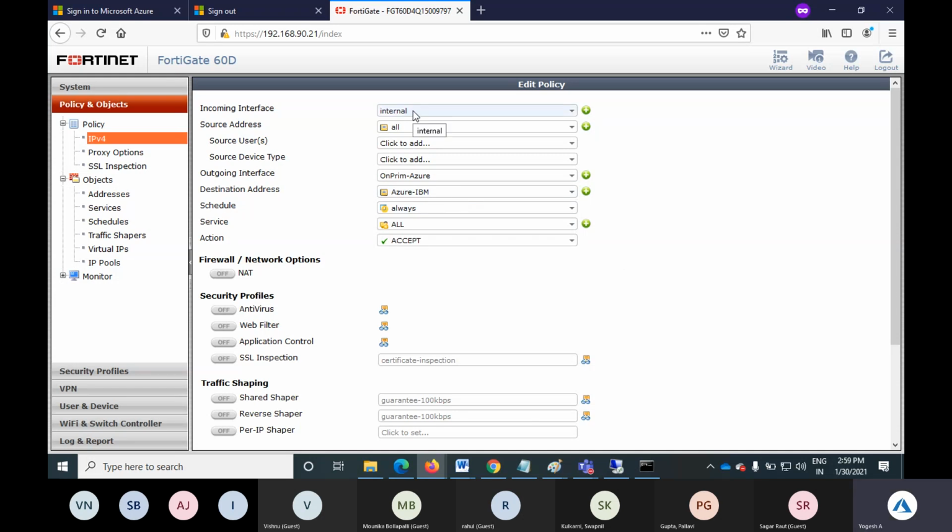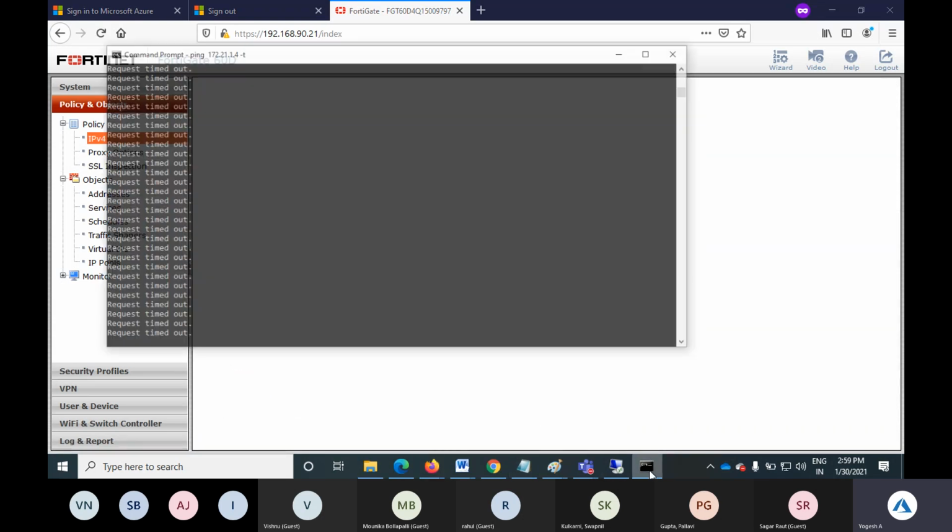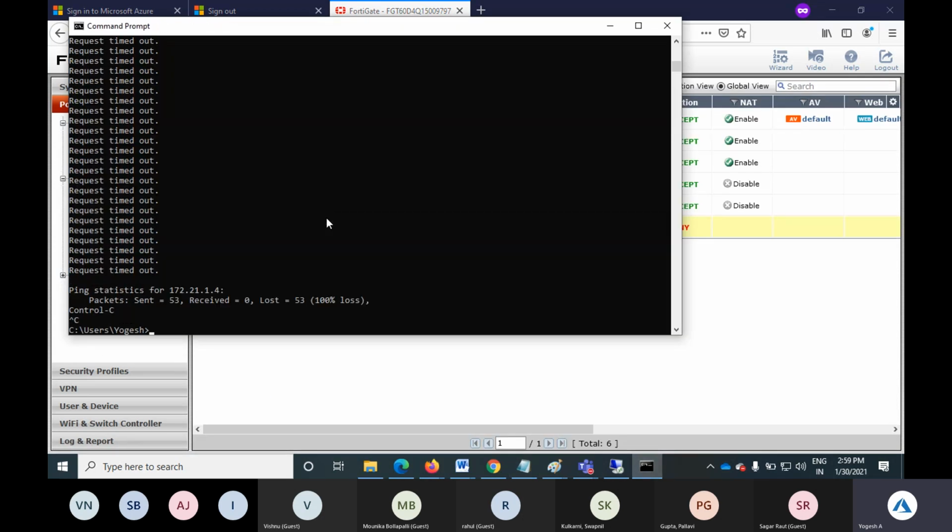So via the internal port, it will hit on my VPN port, which is on-prem to on-prem-Azure with the particular range. So everything is correct here. Not sure what the problem is.